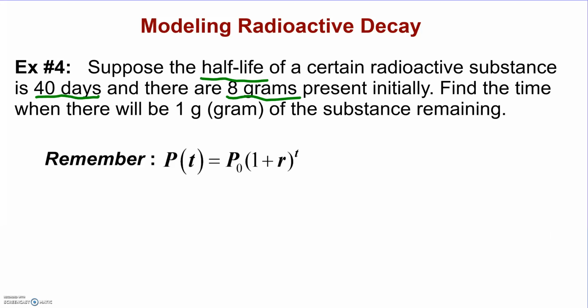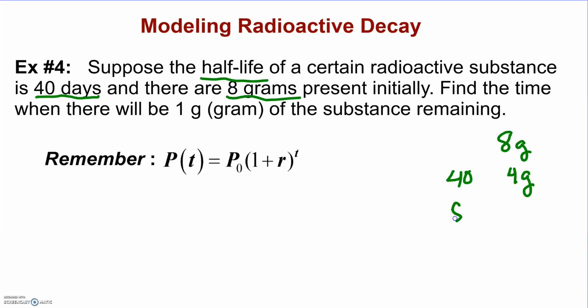Now this one is pretty easy to just kind of do by reasoning it out and not even using the formula here. So let's talk about that, and then I'll show you how you would use the formula in case the numbers were not so easy in a future problem. So you could say, okay, well, I start out with 8 grams, and then 40 days later, I have 4 grams because half of it would be gone.